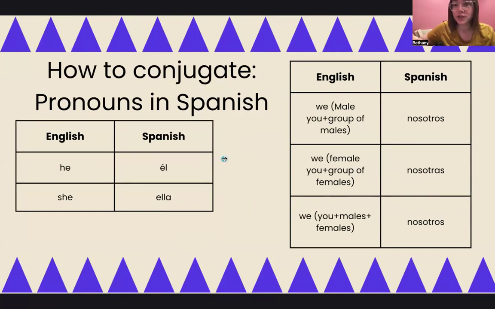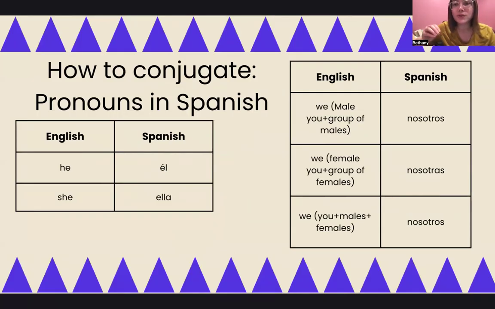Here is a continuation of the pronouns. He is él. And you'll notice the accent marks like in tú and él. The accent is where you put the emphasis in saying or pronouncing the word.